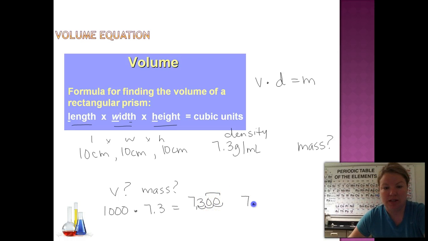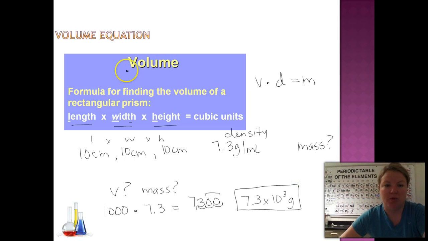So we get 7.3 times 10 to the third grams. So knowing the volume equation can help us solve for density, and that will be something that you'll have to show me you can do on your test.